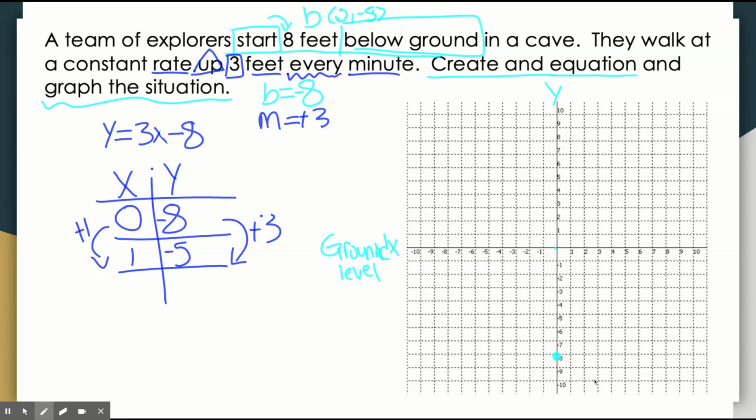I can also plot that over here on my graph. (0, -8), (1, -5), (2, -2), and let's get one more point in here, (3, 1).